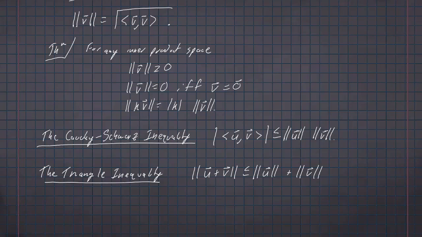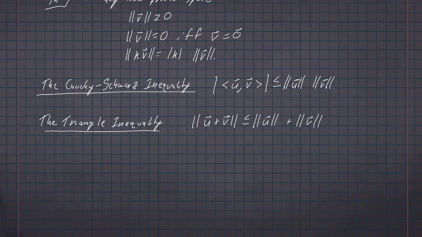And the proof of the triangle inequality is very straightforward, except for the fact that it relies on the Cauchy-Schwarz inequality. But I love the proof of the triangle inequality. It's one of my favorite tricks in mathematics. It's to analyze the thing we care about slightly indirectly.